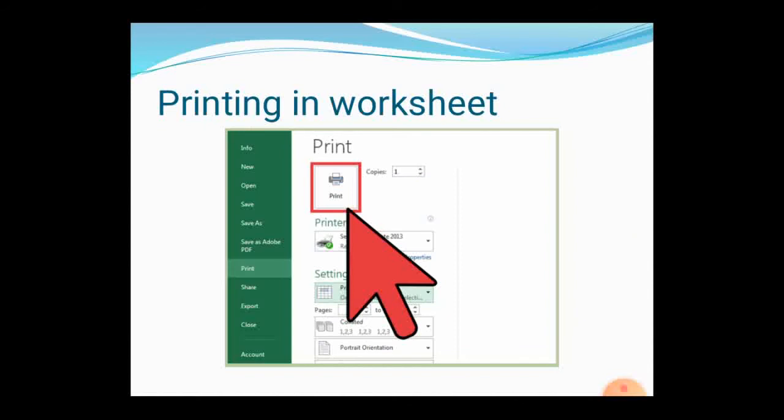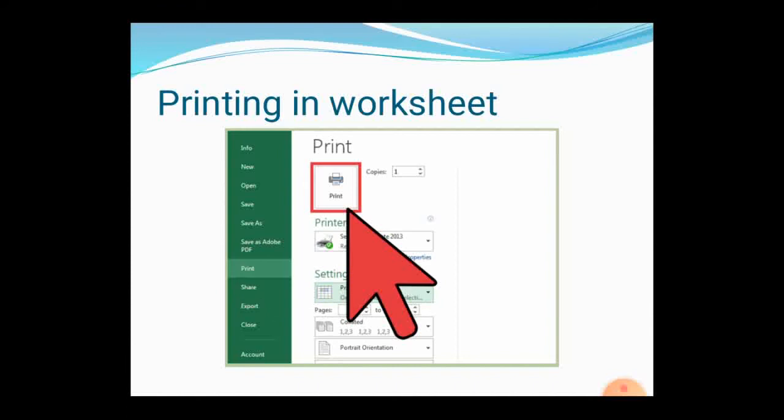Next one, printing in worksheet. How to print your worksheet? In order to print your worksheet or workbook, you have to select the file menu, and from the file menu, the option named print.